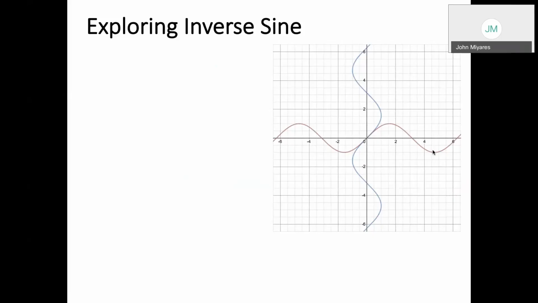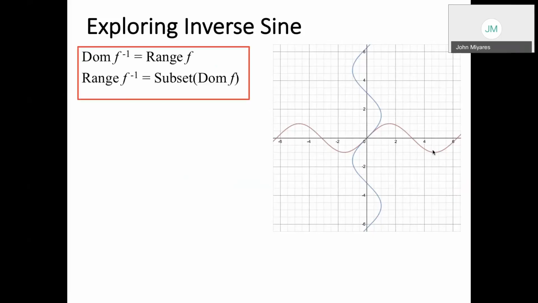This had to be done in such a way that the domain of the inverse still accounted for the entire range of the original function, and the range of the inverse was going to be some subset of the domain of the original function f.